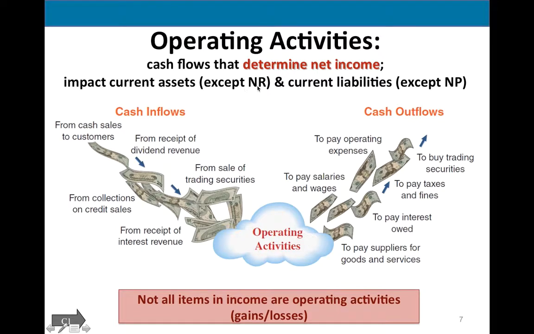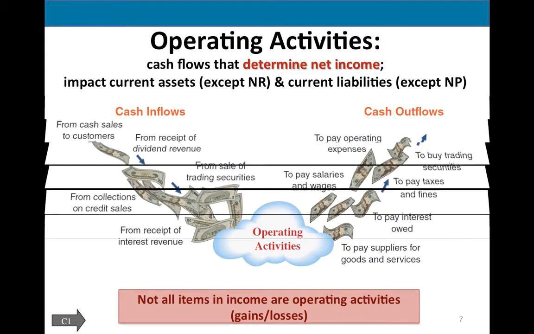The exceptions are notes receivable. It's a current asset if it's a short-term asset, and it actually will be classified as an investing activity. So if we, for example, lend money on a short-term note, that's a note receivable, that will go into our investing activities. And notes payable, anytime we borrow money short-term or long-term, that will actually be classified as the financing activity.